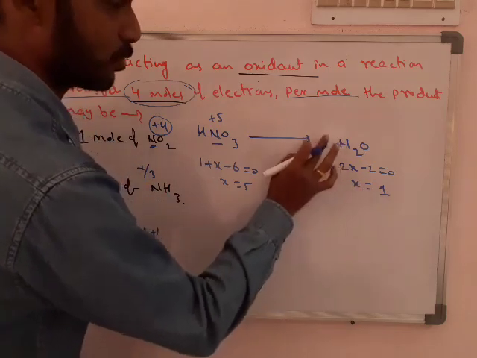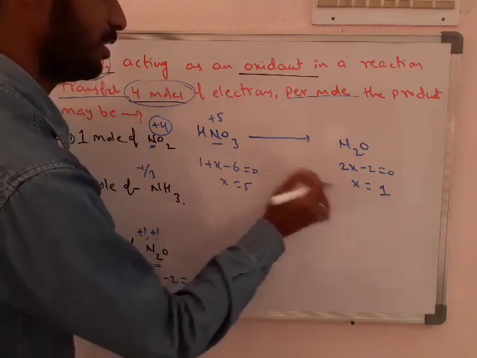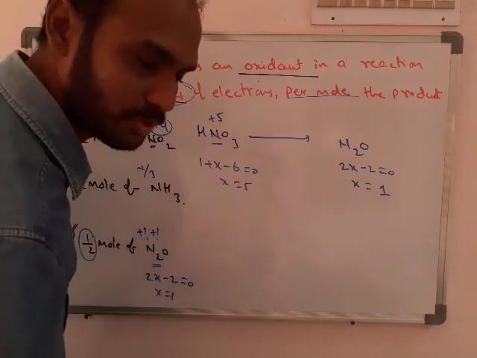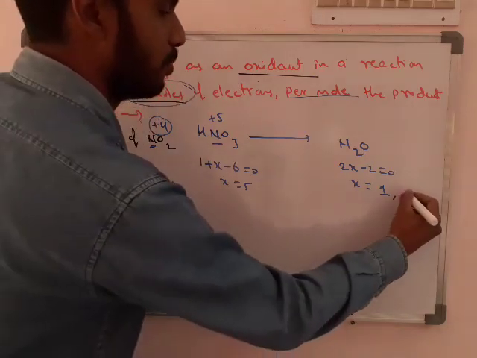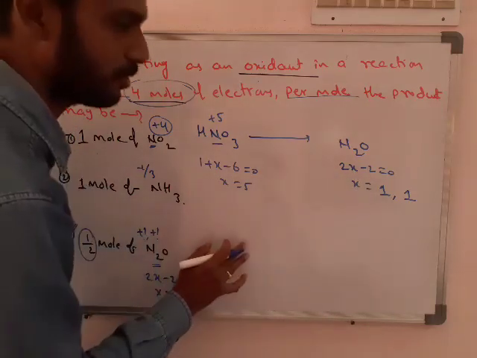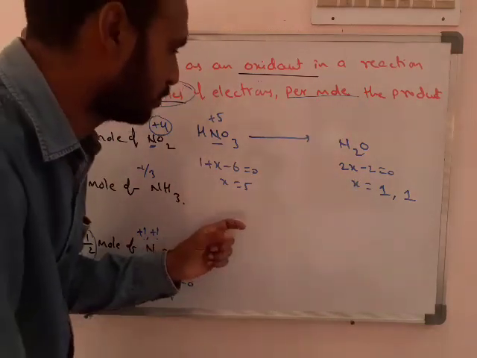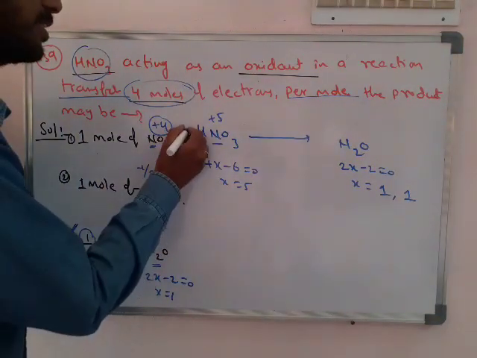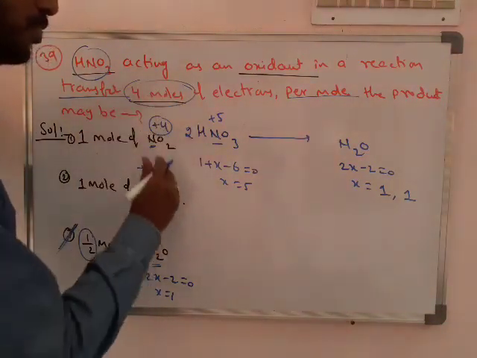So each nitrogen having 1 means the total nitrogen is changed to plus 2. Okay, plus 1 comma plus 1. So plus 5 to plus 2 it will become generally. If you do it for 2 moles, for example, 2 moles compared with that.